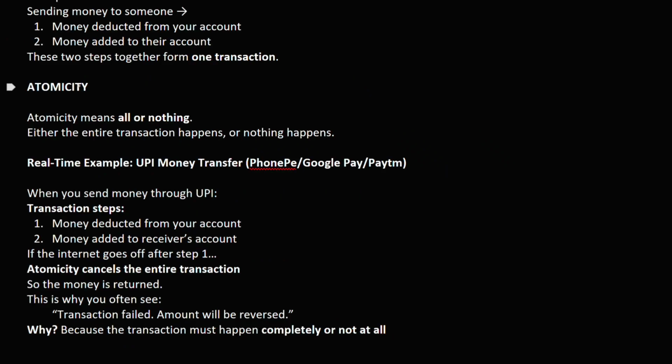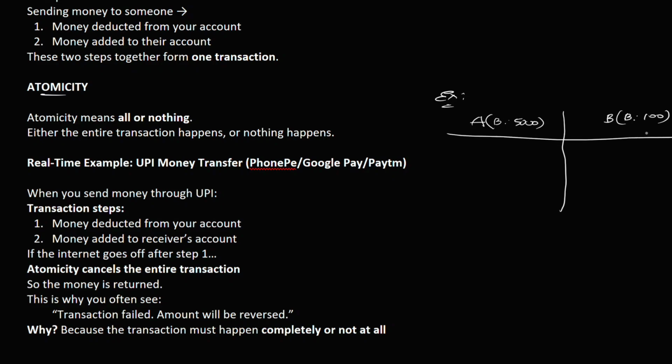Now understand atomicity. Atomicity means all or nothing. Either the entire transaction happens or nothing happens. Let me give you an example. Let's say there is a person A who has a bank balance of 5,000 rupees, and another person B who has a bank balance of 100 rupees. Now A wants to transfer 500 rupees to B, so it will be deducted from his account.